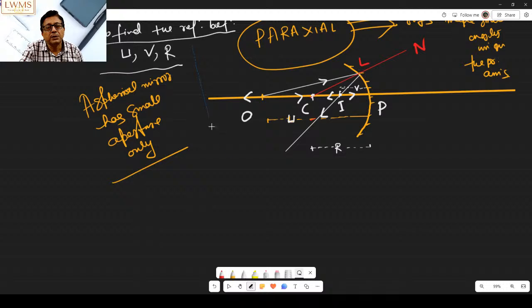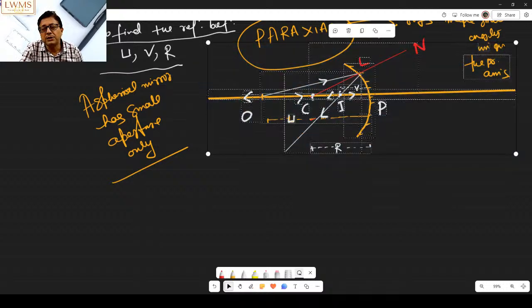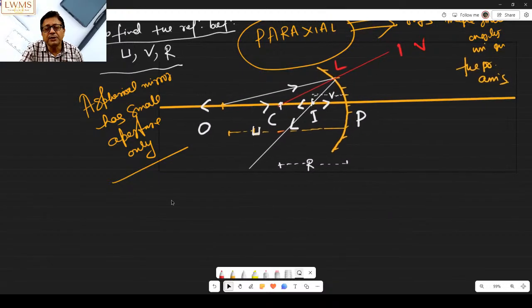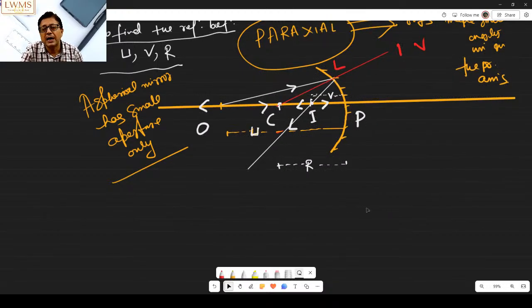Now, to find out the relation between these three quantities, my assumption was rays are paraxial. Means the incident and the reflected ray make small angles. This incident ray, suppose it makes an angle alpha. This reflected ray, suppose it makes an angle beta.